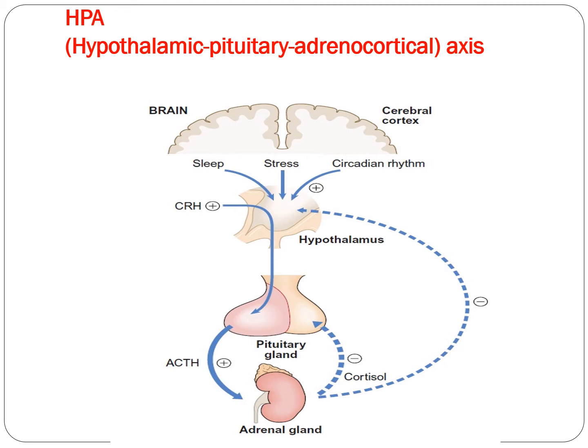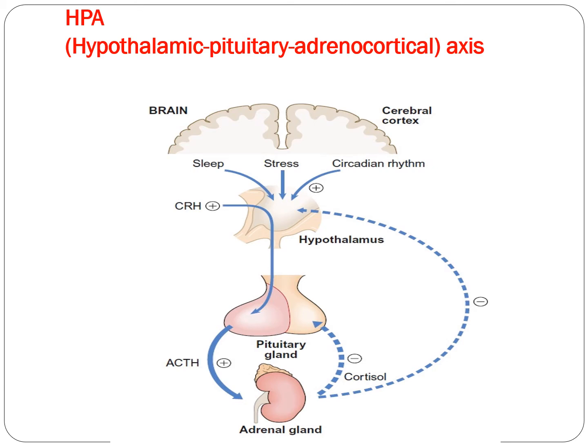So, how does it act? That is called the hypothalamic-pituitary-adrenocortical axis. In the brain, we already know there is the hypothalamus and pituitary. The hypothalamus releases corticotropin-releasing hormone, induced by sleep, stress, and circadian rhythm, which stimulates the pituitary gland to produce adrenocorticotrophic hormone.